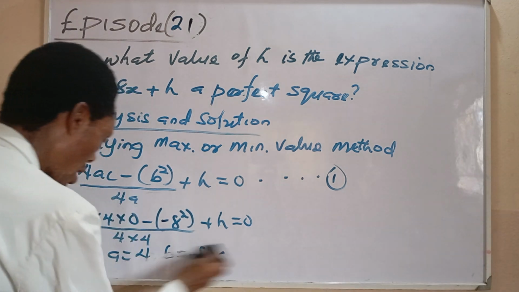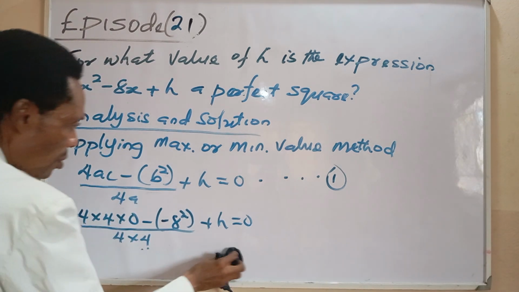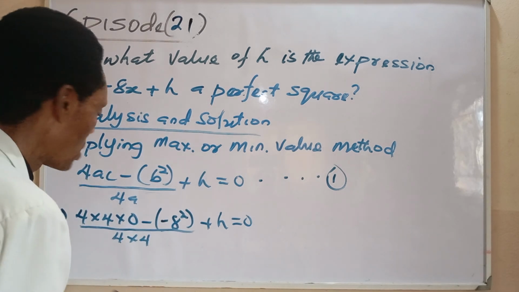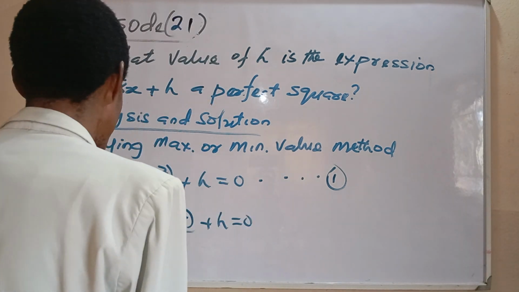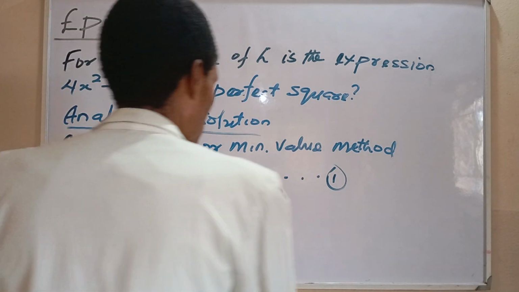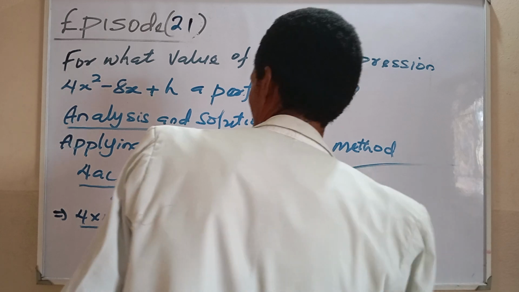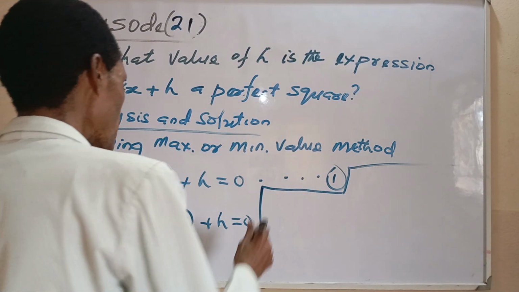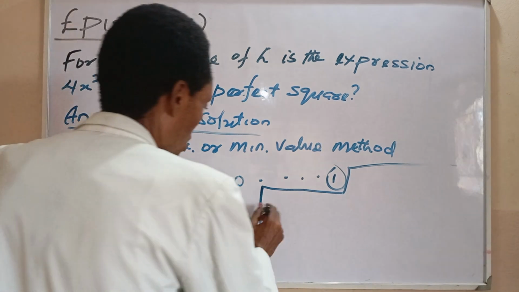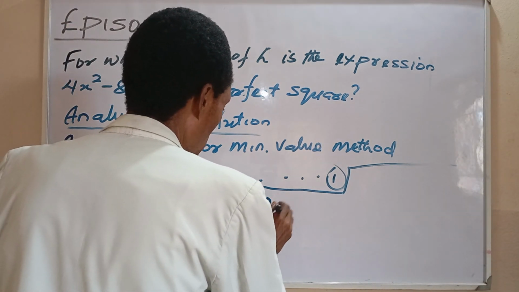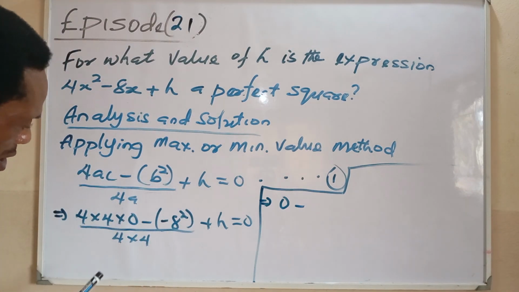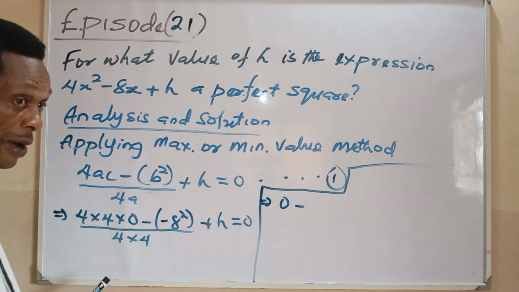So let's see what it means here. 4 times 4 times 0 will give you 0, which implies 0 minus, look, this is minus 8 raised to the power of 2.